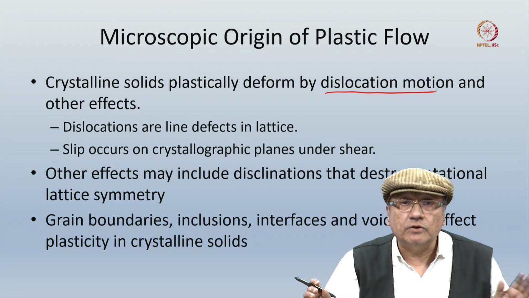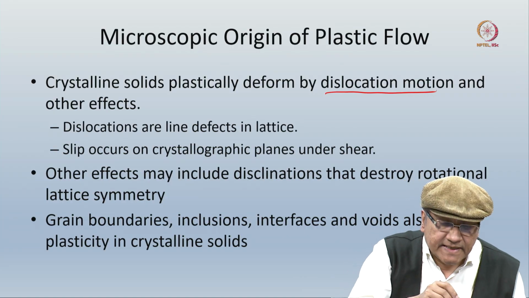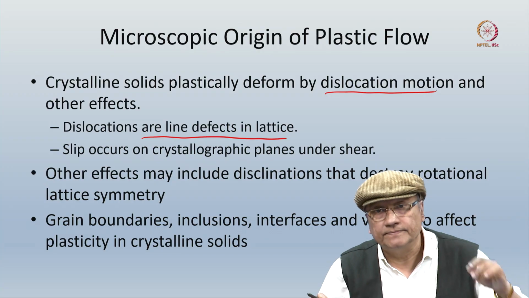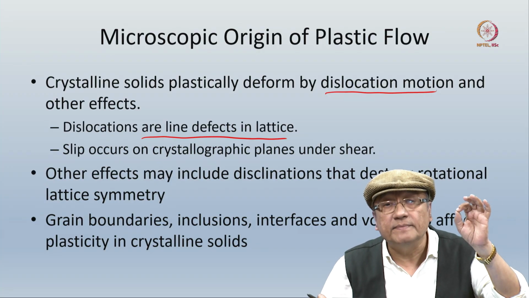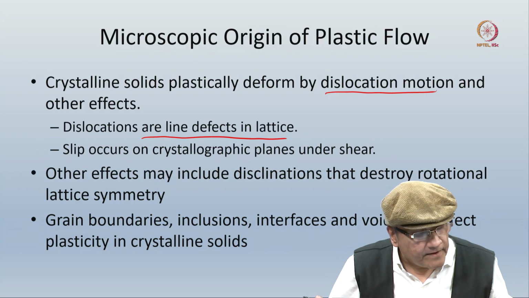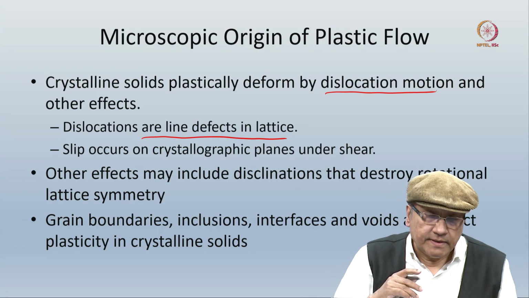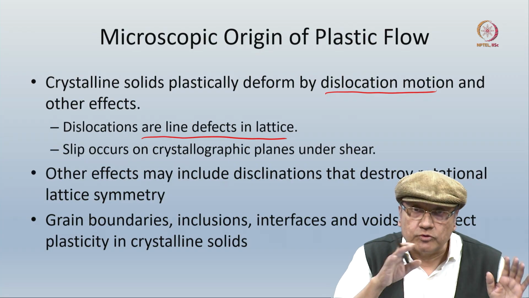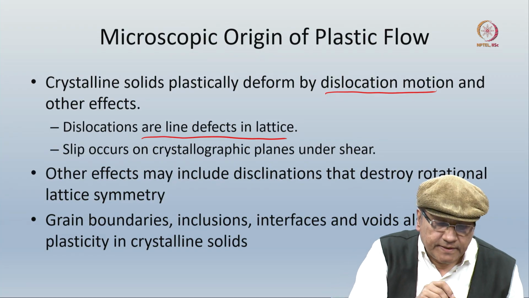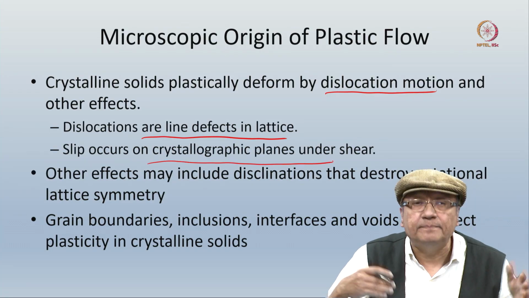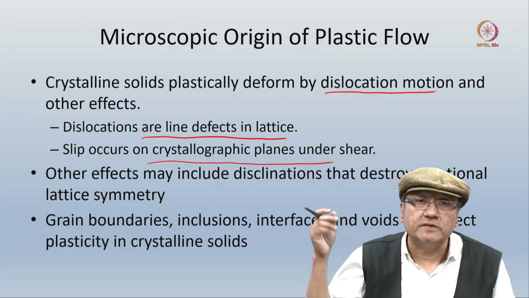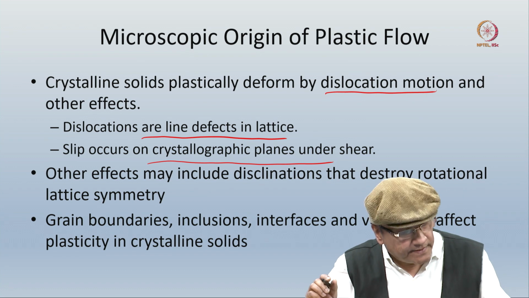Dislocations, as you know, are basically line defects in the crystalline lattice, because some atoms are missing in their positions, right. The plastic slip, from a microscopic perspective, occurs on crystallographic slip planes because of shearing. The shearing occurs because of the external loading.